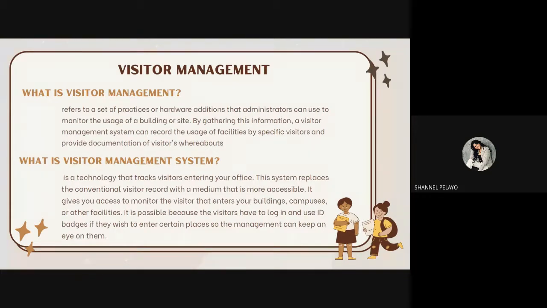It is possible because the visitors have to log in and use ID badges if they wish to enter a certain place, so the management can keep an eye on them. So, a visitor management system is just a technology that governs the process of monitoring the visitors. It is also the alternative to traditional visitor records, such as logbook and front desk, etc.